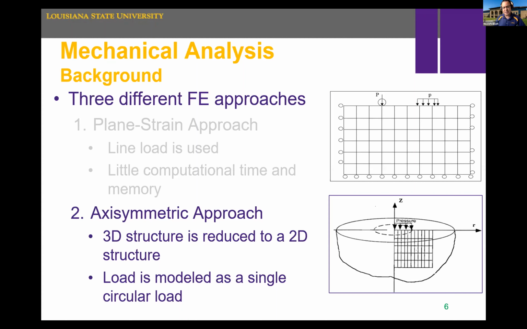So we can only model one load, and it's assumed to be a circular load. So again, it has some limitations because you cannot account for the variation in contact pressure and the variation in speed. It has been shown to be mostly accurate, but it has limitations in its application.